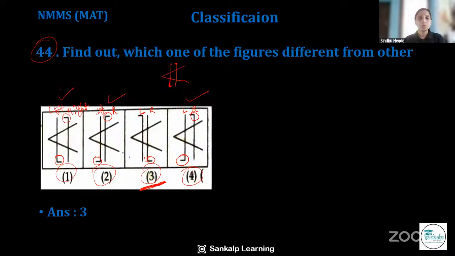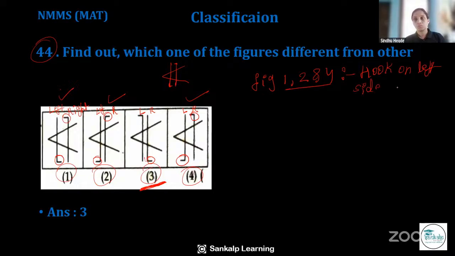So on the basis of the hook direction, we can easily say that figure 3 is different from the rest. Figures 1, 2 and 4 have the hook on the left side down and on the right side up.